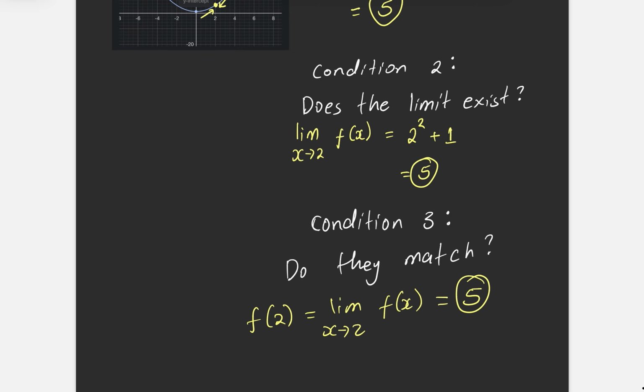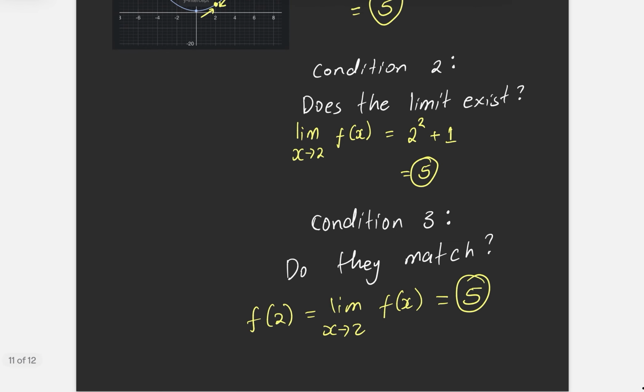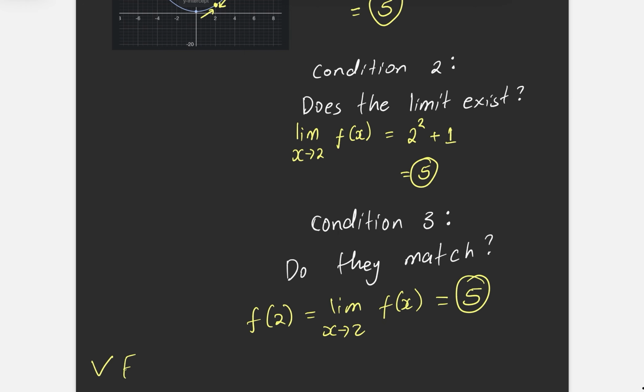So they do match. All the three conditions hold. F is continuous at x equals 2. And that's why the limit and the function value are the same number, 5.